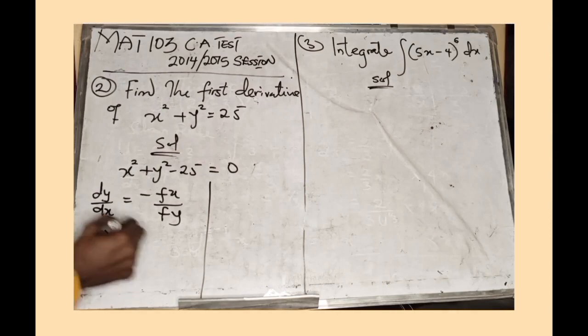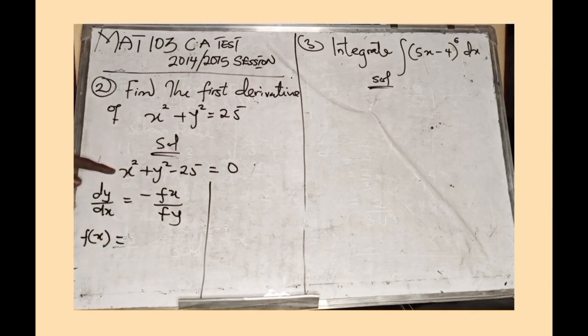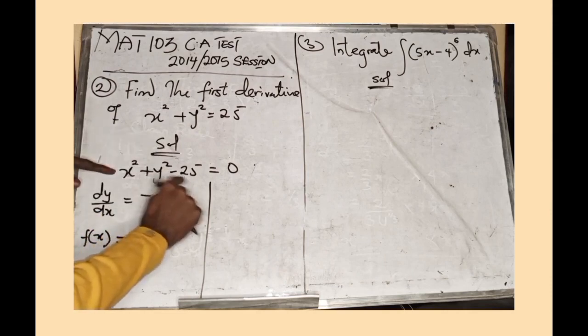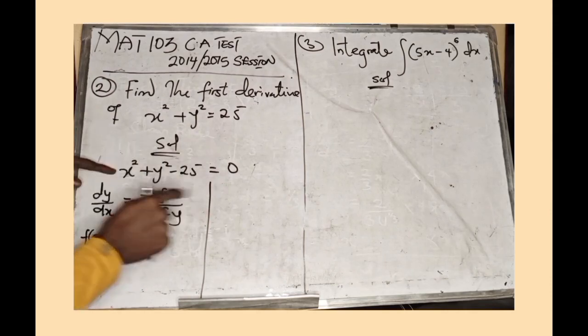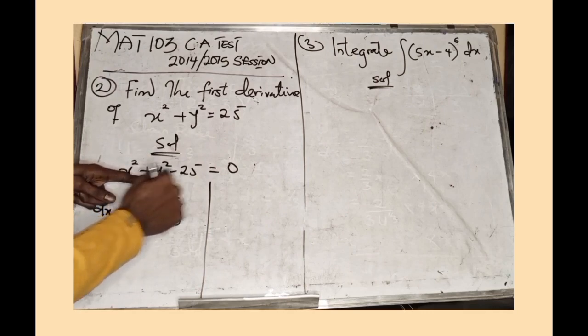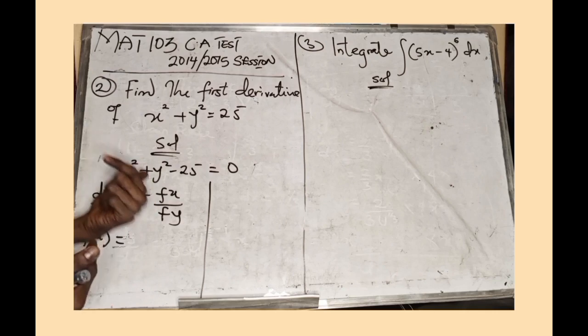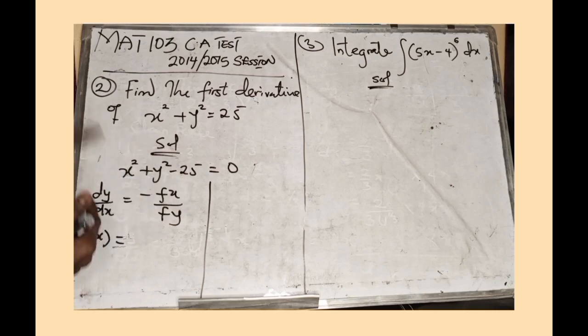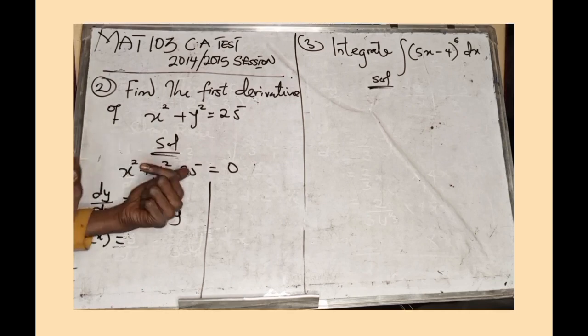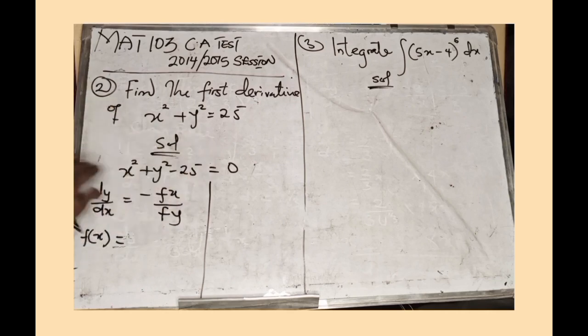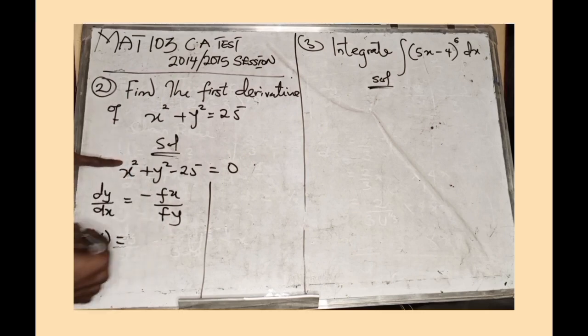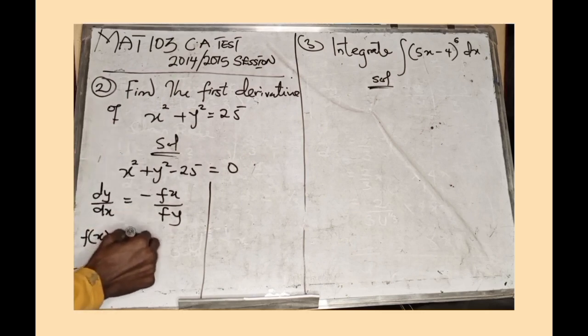Now I want to differentiate this with respect to x only. This is constant, so it's 0, and this y squared is actually a constant, so it's 0. So I'm only differentiating the one that has x, which is x squared. If I differentiate x squared, I will have 2x.